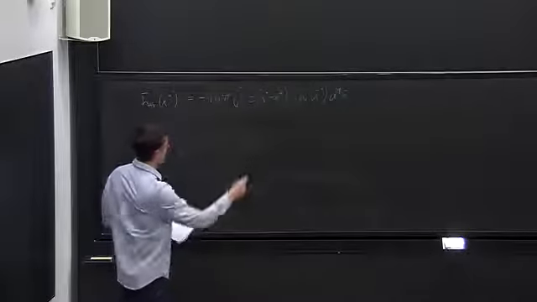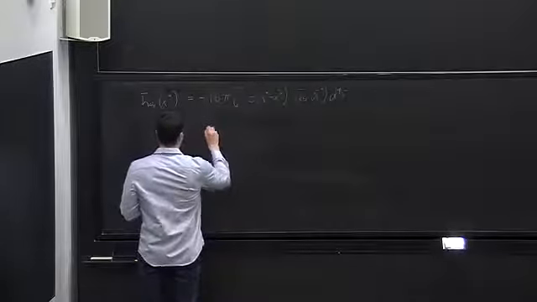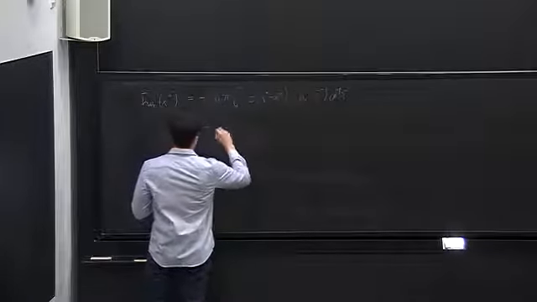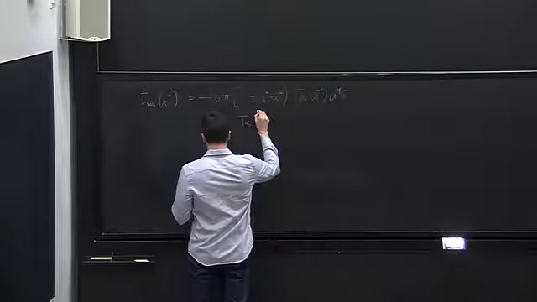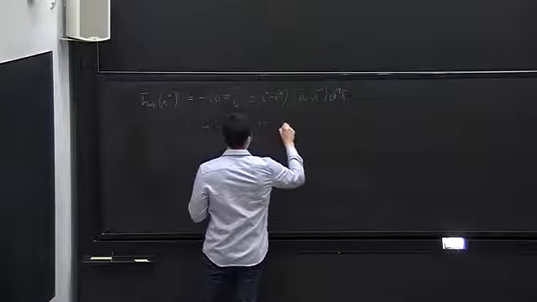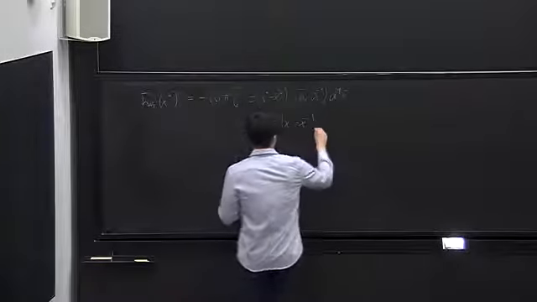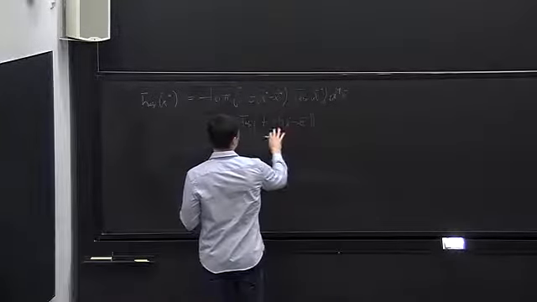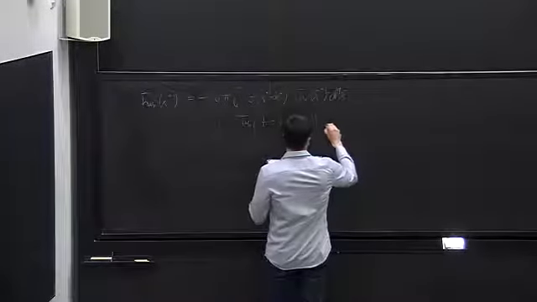Yep, so we can just plug in that definition here. We get the following. So this is the time coordinate that T_ab is evaluated at, and this is the spatial coordinate.